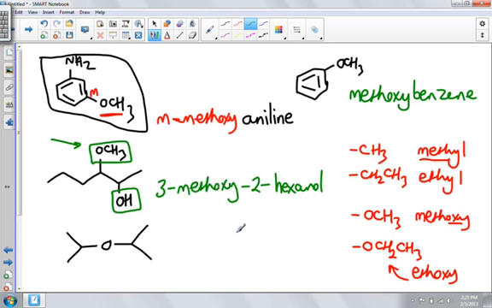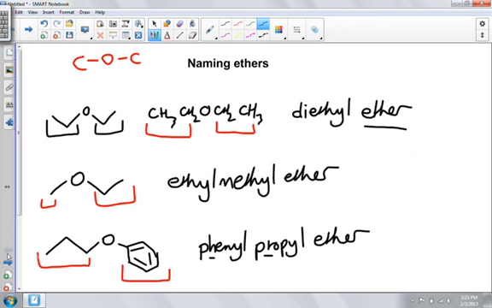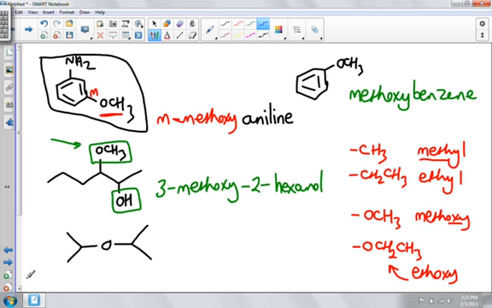Alright, for this last one, we can name just like these guys, because the only functional group here is the ether. So our last part of the name is going to be ether. So whenever the only functional group in the molecule is the ether, that's how you name it. And we just got to know how to name these two.